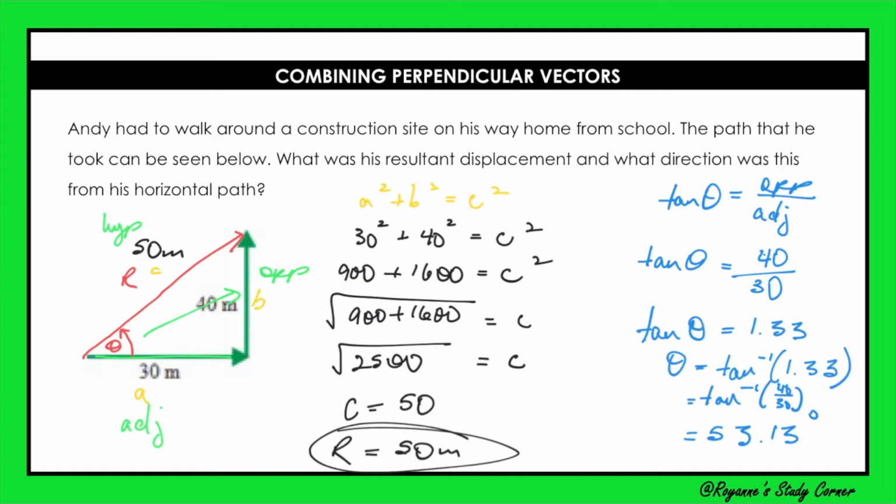So we've just calculated the resultant and the direction if they've given us the two initial vectors and we have to combine that to find the resultant. But sometimes we are given questions where we already know the resultant and we know the length of one side, and we have to manipulate what we just did here to make one of the original vectors the subject of the formula.